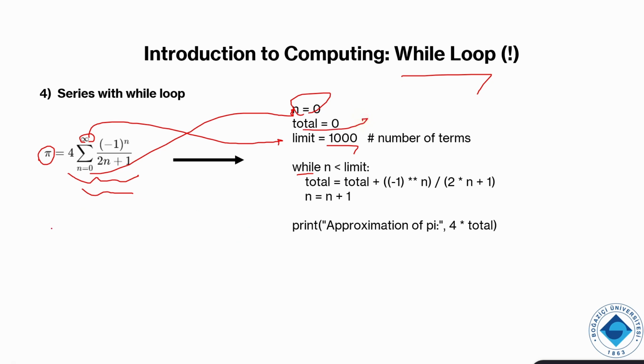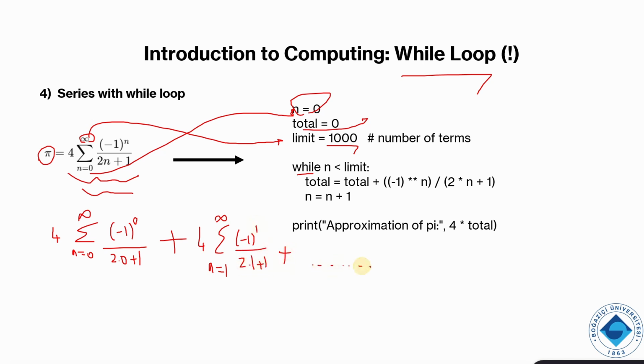If I write here 0 like this, for example, n equal 0, it will go like this: 2 times 0 plus 1, plus, we will say 1 again, minus 1, 1, 2 times 1 plus 1. And it will continue like this till n equals 1000, because we set the limitation to 1000.